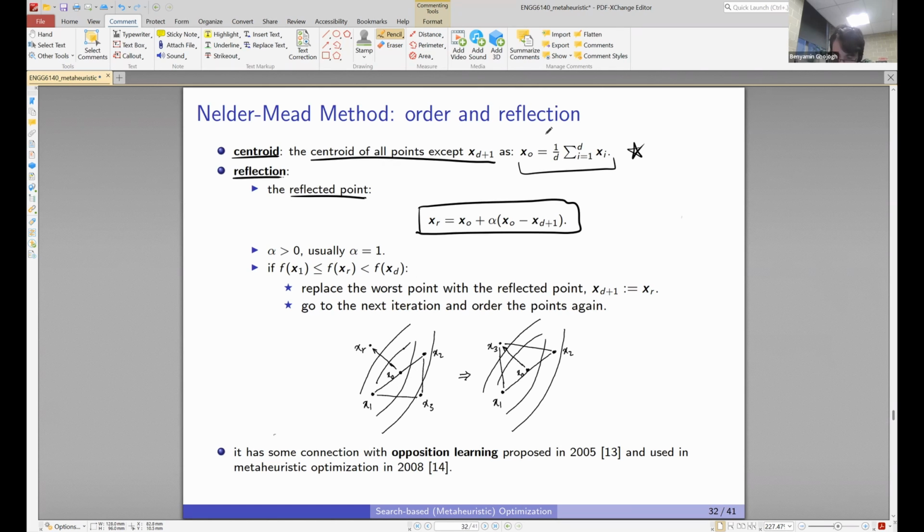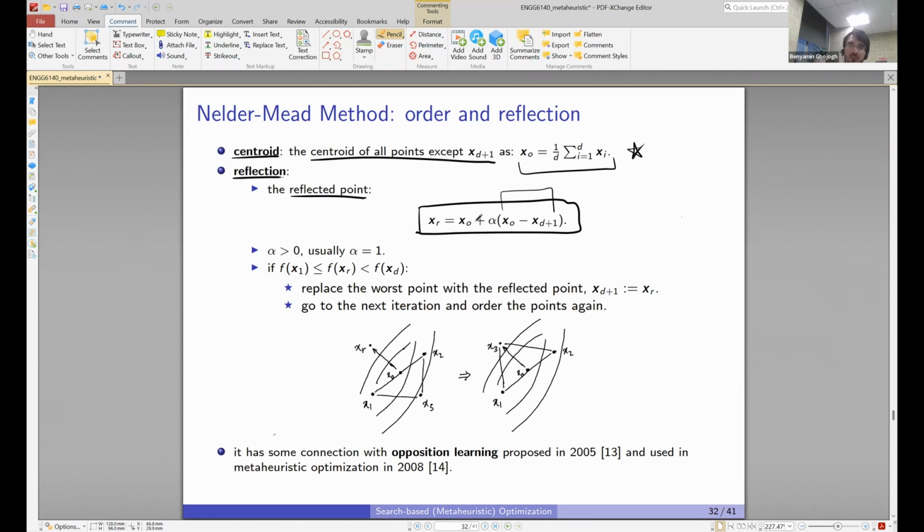Now, the reflected point. What is that? It means this is a vector, or direction, from x_{d+1} to x_o. Starting from x_o, go in the direction from x_{d+1} to x_o with some length alpha.